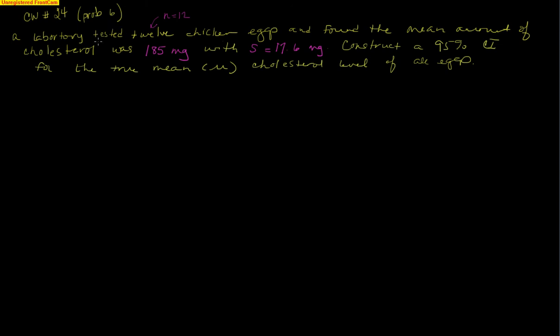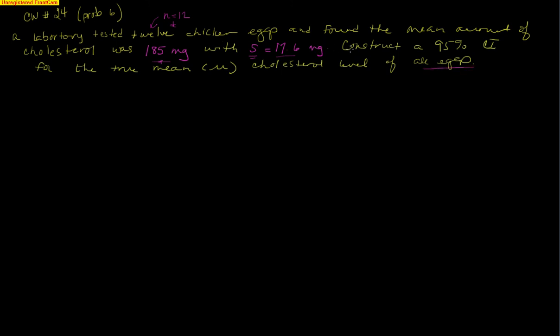The mean was 185 milligrams of cholesterol with a sample standard deviation of 17.6. So this 17.6 milligrams is the standard deviation of these 12 eggs that they looked at. From this information, we want to construct a 95% confidence interval for the true mean cholesterol level of all eggs.